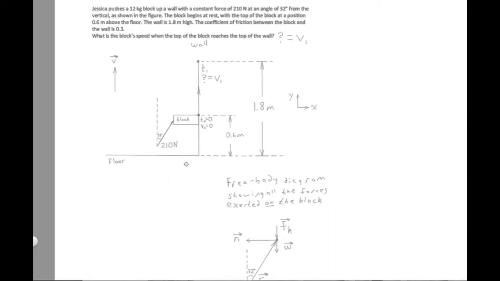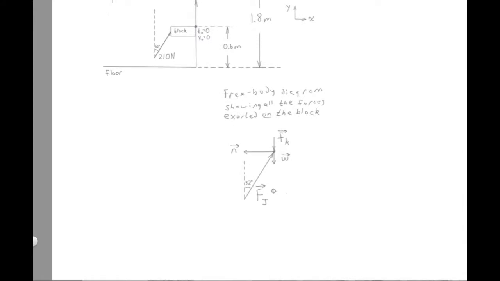Now, are there any other forces on the object? Well, is there anything else that's touching the object? And no, I don't think so. The two things that are touching this object are the wall and Jessica. So we've included the force from Jessica, and we included the two forces from the surface of the wall, the frictional force and the normal force.